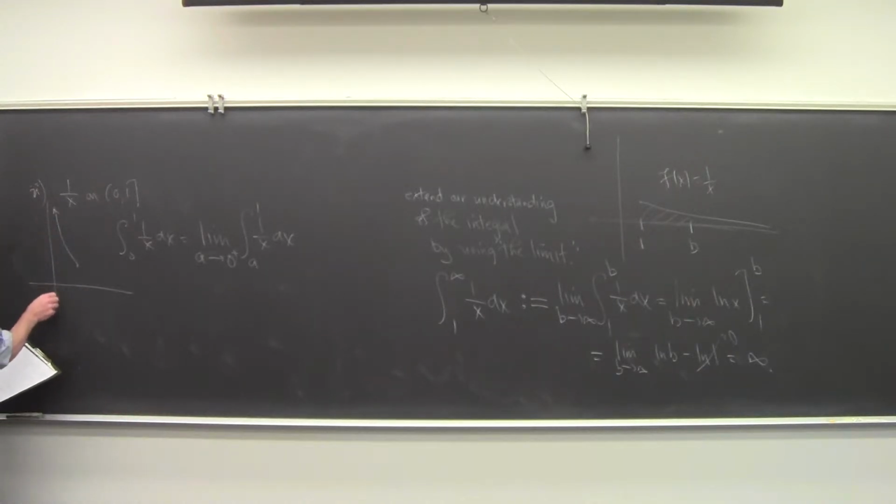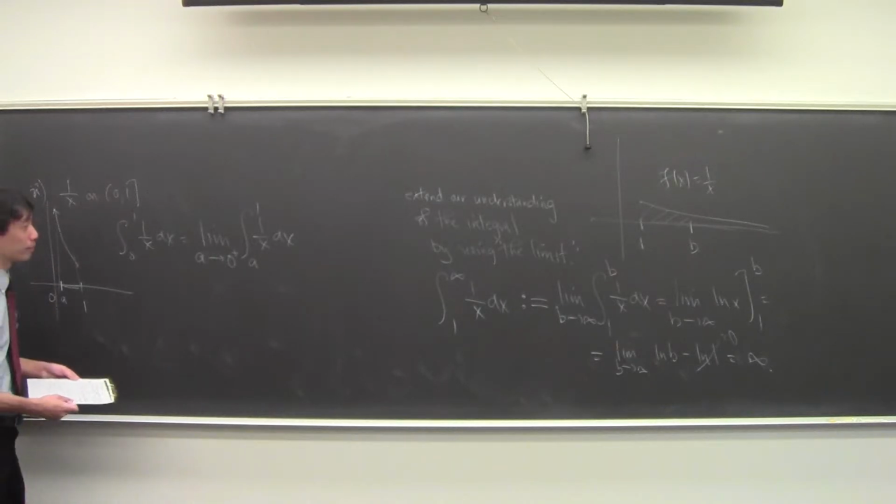So here's 0, here's 1. We want to take the integral from a to 1. We don't know how to take the integral from 0 to 1, but we take it from a to 1, and we let a tend to 0 from the right-hand side.